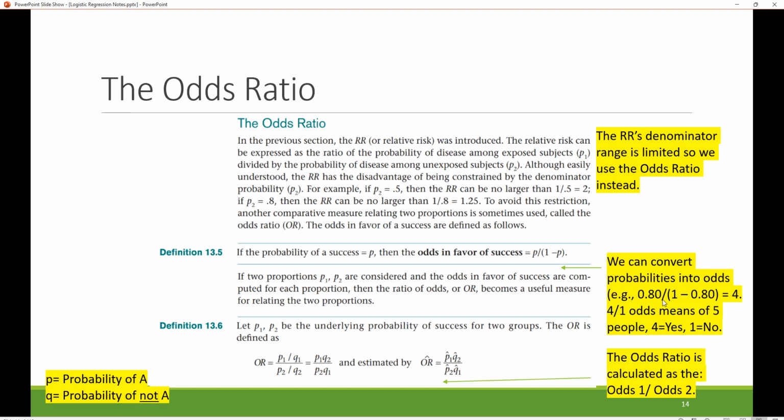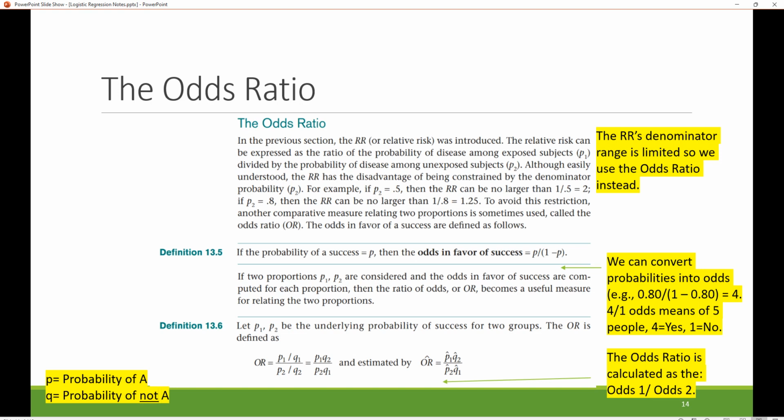So if we divide 0.8 by 1 minus 0.8, or 0.2, we know that the odds in favor of something is 4 times that of not. So 4 to 1 odds means of 5 people, 4 would have an outcome of yes versus that one person that had an outcome of no.